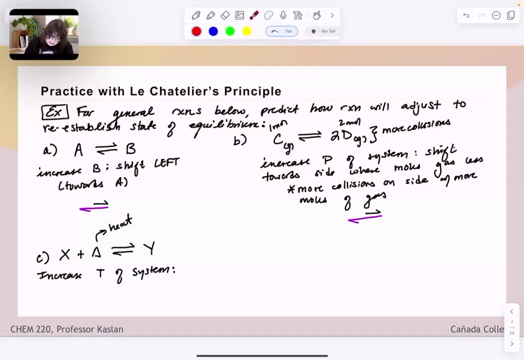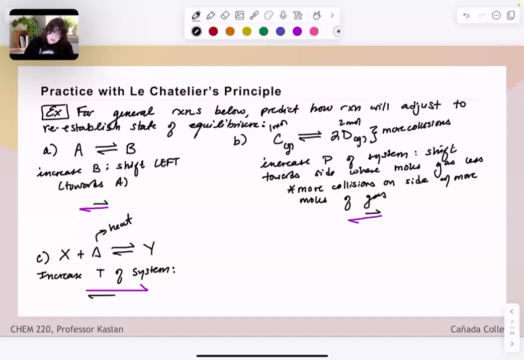So if I increase the temperature of the system, and heat is something that is driving the forward reaction, then I'm going to see a momentary shift or increase in the rate of my forward reaction to consume that heat to regain our thermodynamic equilibrium that we've established initially.